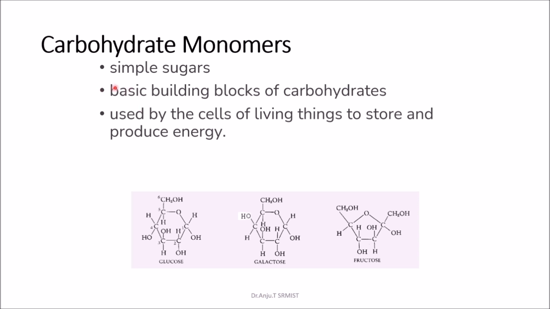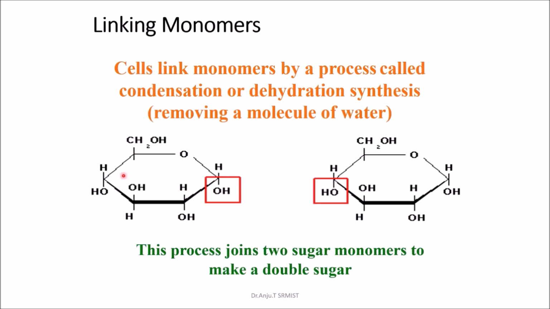So these simple sugars are the basic building blocks of carbohydrates, and carbohydrates are used by cells of living organisms to store and produce energy. These monomeric units are linked together by a bond to form large polymeric molecules.